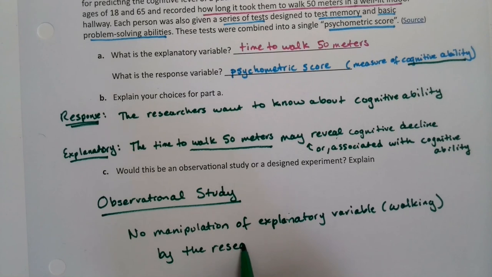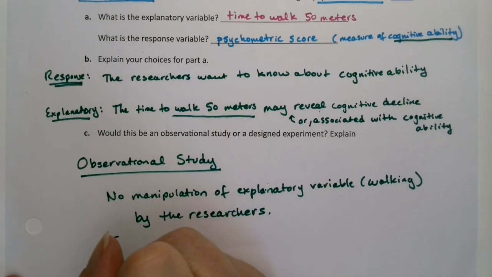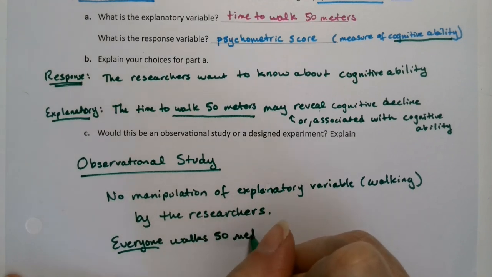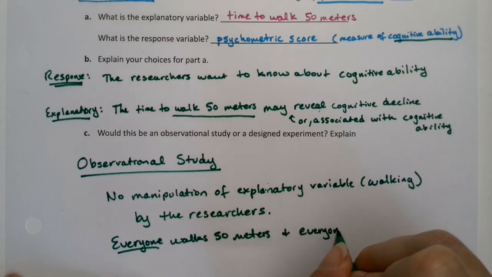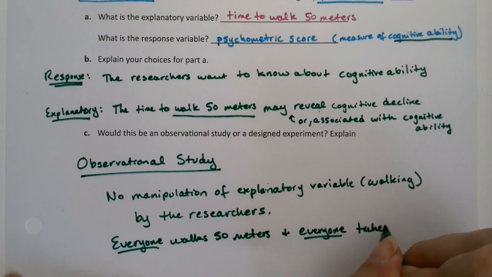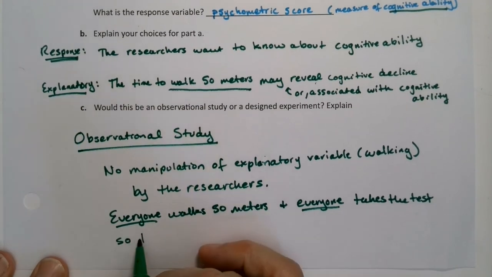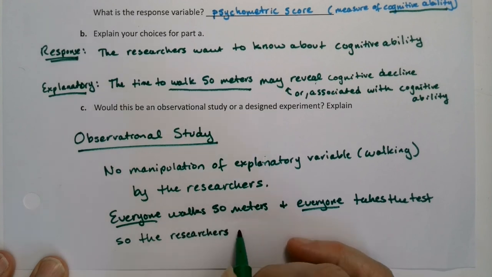They're just having everybody walk and everybody take the test. That's the equivalent of an observational study. So everyone walks 50 meters and everyone takes these tests. So essentially you're observing. The researchers observe both of those things, but they're not manipulating those things.